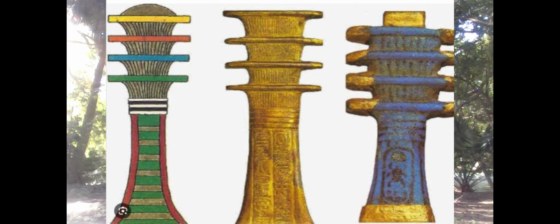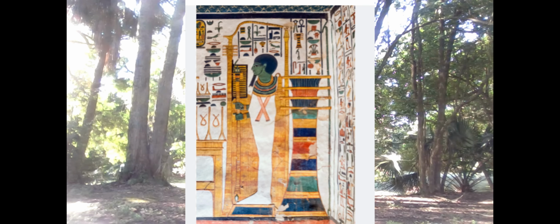So now with the DJED pillar, like I said, the historians will tell you it's the backbone of Osiris and it represents stability. Is that true? Yes and no. Why is it a yes and no?